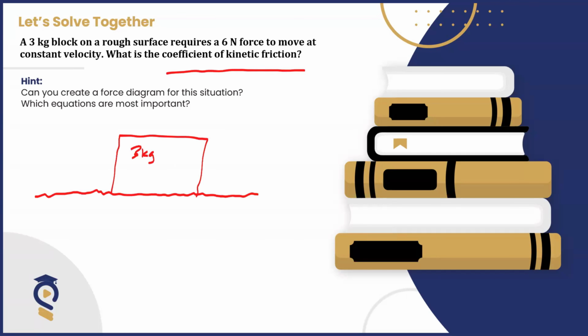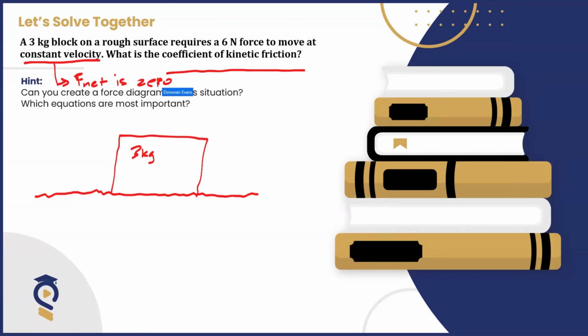Now, what's something that's very important in terms of understanding the force dynamic relationship here? When I'm looking at the constant velocity, that should be a force indication for us. This should let us know that our net force is 0. So why is that important?